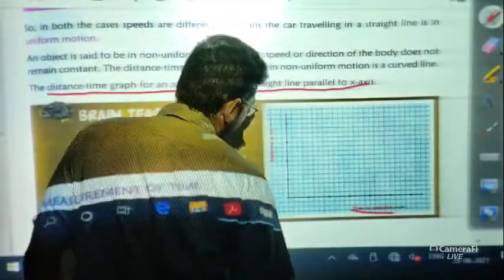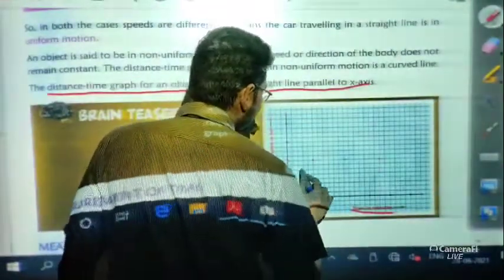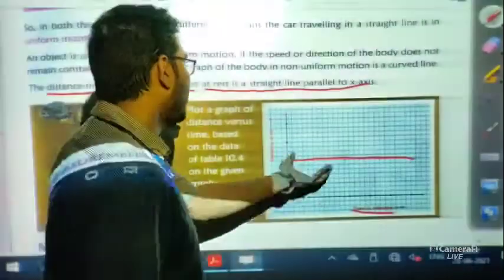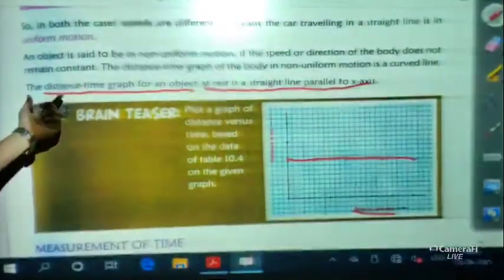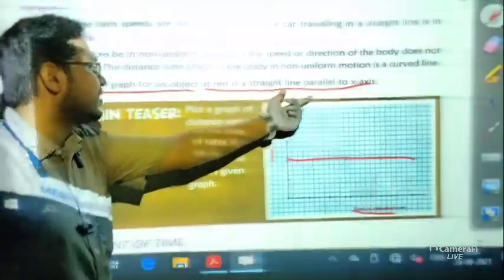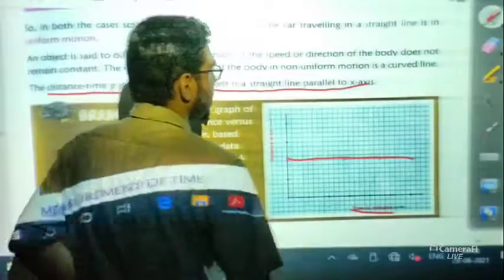From 9 am the object is here, 9:15 the object is here, 9:30 here, 9:45 here, because the object is at rest. So if you join the whole line, you will get a straight line parallel to the x axis. That's why it is written that the distance time graph for an object at rest is a straight line parallel to the x axis. Clear?